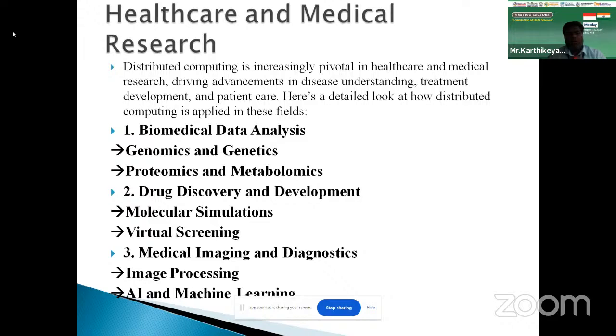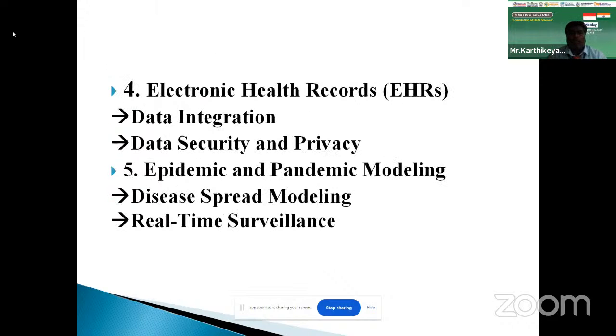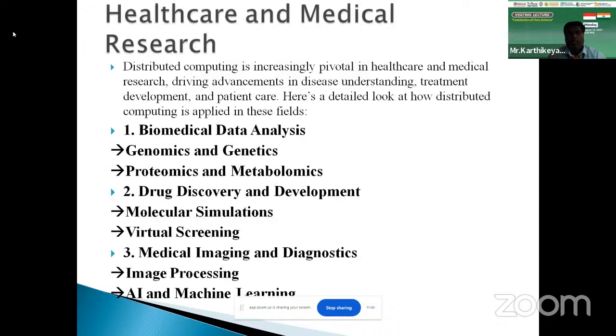The third one is medical imaging and diagnostics, which follows image processing and AI and machine learning, and electronic health records, and epidemic and pandemic modeling.